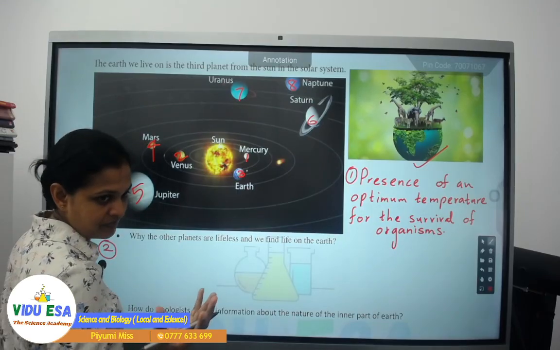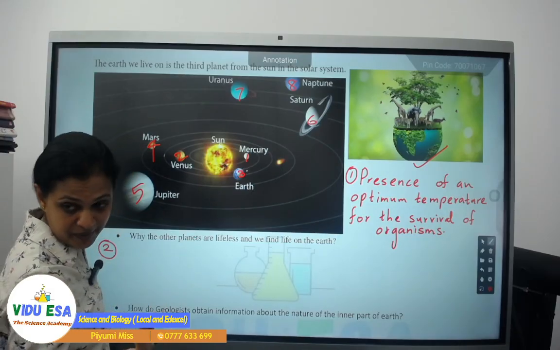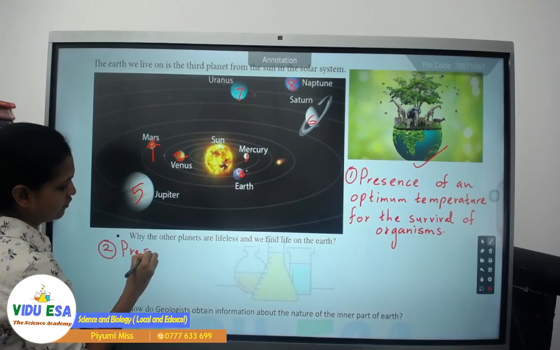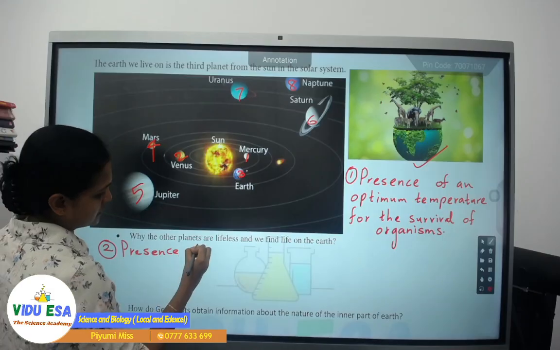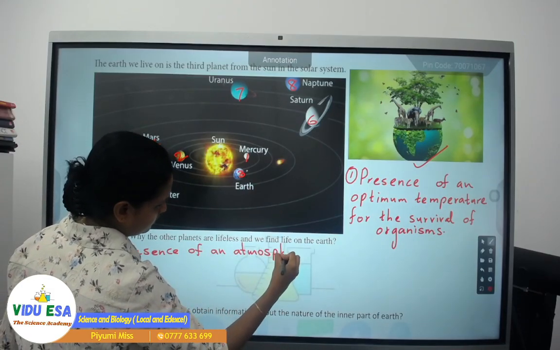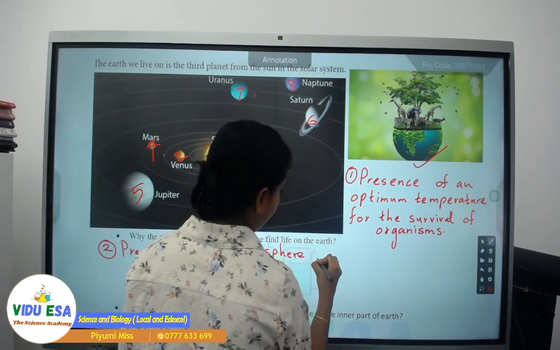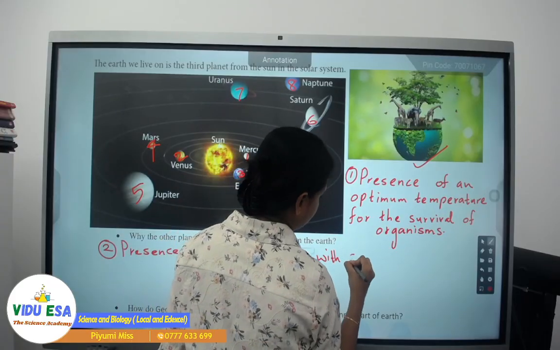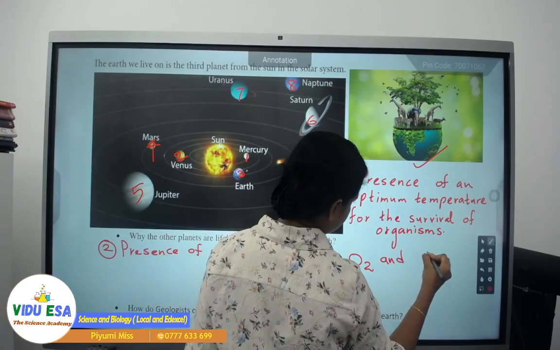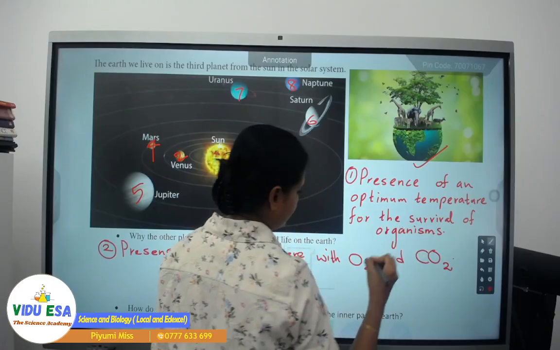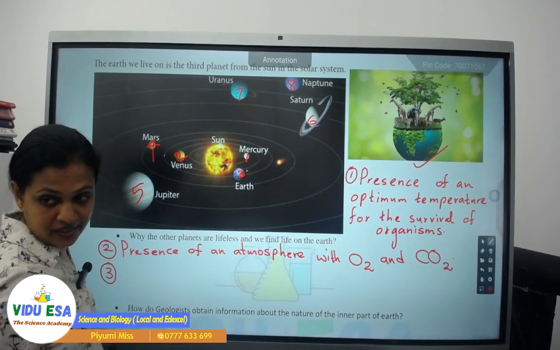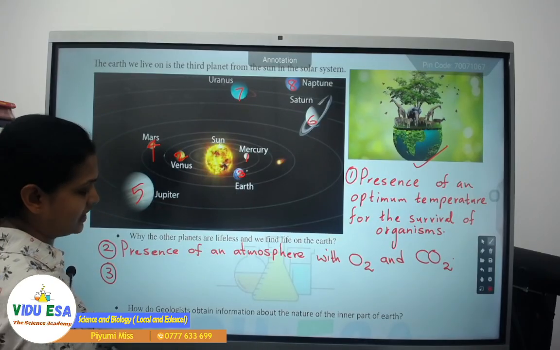The plants produce food and the animals depend on that food directly or indirectly. So we can say presence of an atmosphere with oxygen, O2, and carbon dioxide, CO2. It's okay if you write oxygen and carbon dioxide in words as well, since you are still in grade 7.